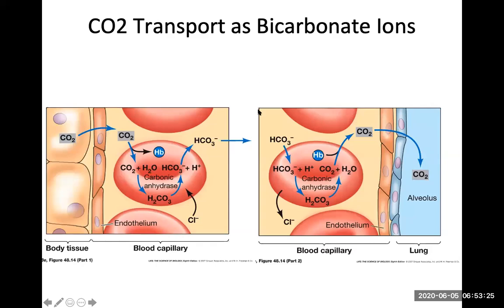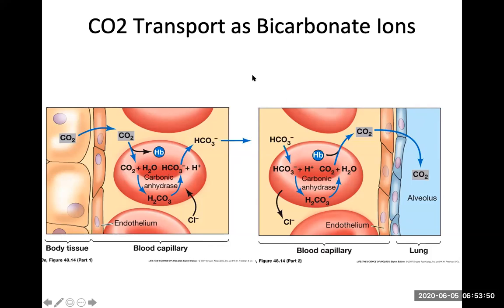So how does pH change within the blood? Well, carbon dioxide is the main reason how your pH of your blood changes, and that's because it's transported as bicarbonate ions in the blood. So the amounts of carbon dioxide in your blood, because it's transported as a bicarbonate ion, will affect the pH of the blood.